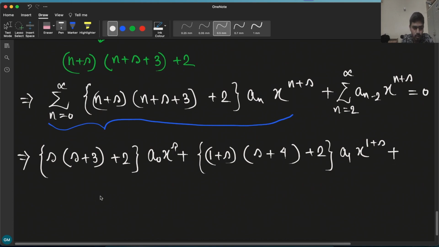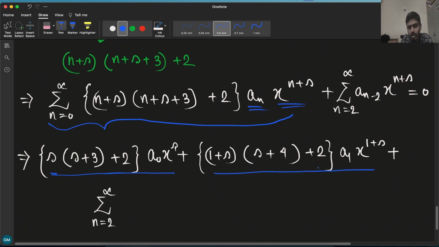Plus the sum over n equals 2 to infinity. This term is the n equals 0th term. If I put n equals 0, it will be a_0 and x to the power s, and this is the n equals 1th term. If I put n equals 1, this will be a_1 and x to the power n plus s plus 1. That's what I wrote here.